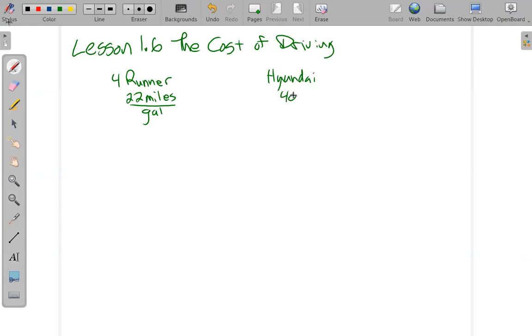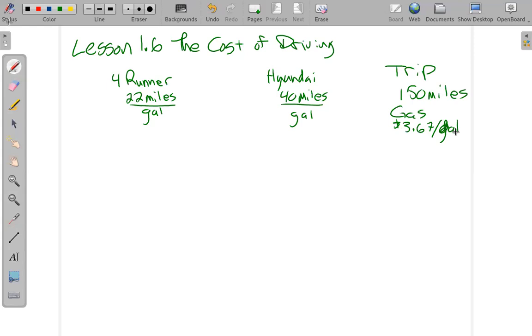And that's 40 miles per gallon. And we've got the trip, 150 miles. And we have gas, and that's $3.67 per gallon. Make sure I got that right.